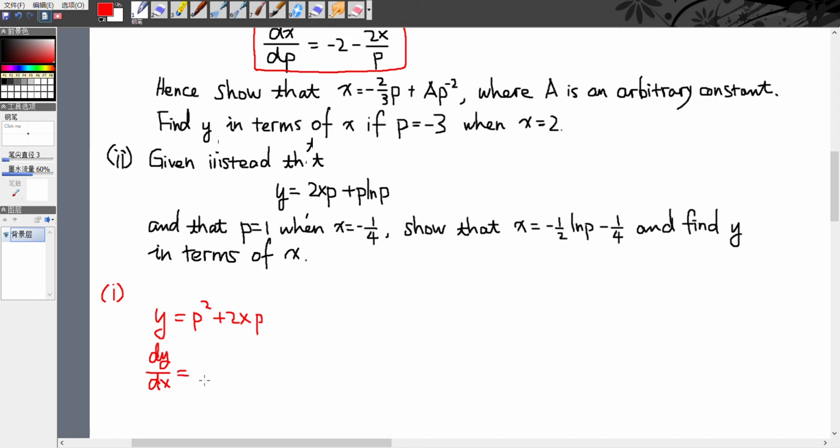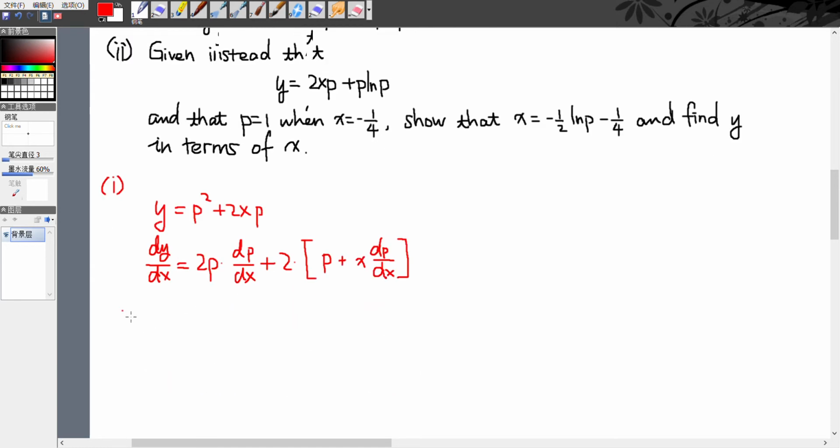equals, so we are differentiating this, which gives us 2p times dp by dx plus 2 times, and it involves product rule here, 2 times p plus x dp by dx.